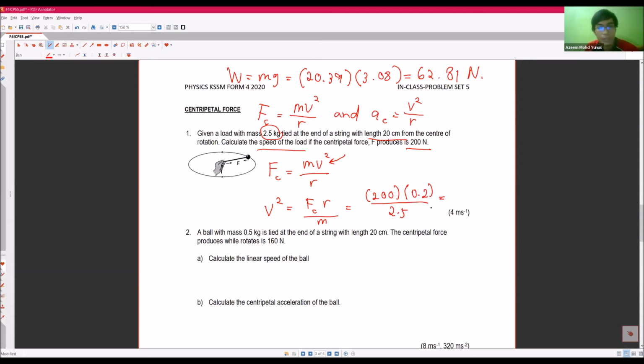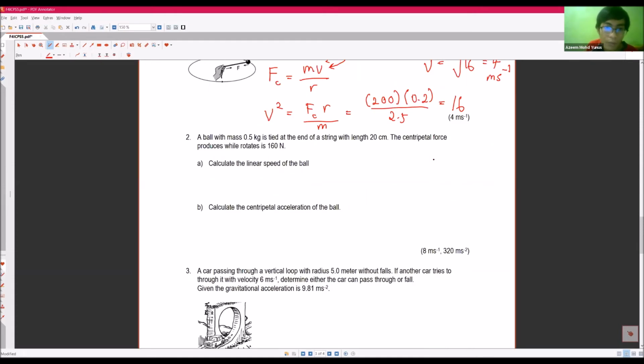You get 16, but this is the squared value. If you want to find v, we have to square root that, in meter per second. Okay.